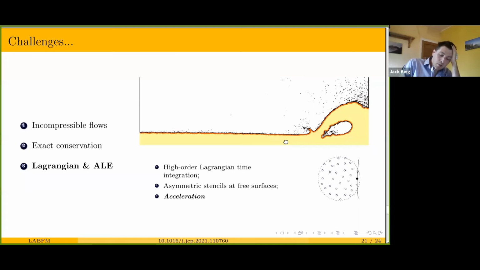So maybe we need some new Lagrangian specific time integration schemes. And actually my colleague Abazaid is doing some nice work on high order schemes for high order Lagrangian mesh-free methods.